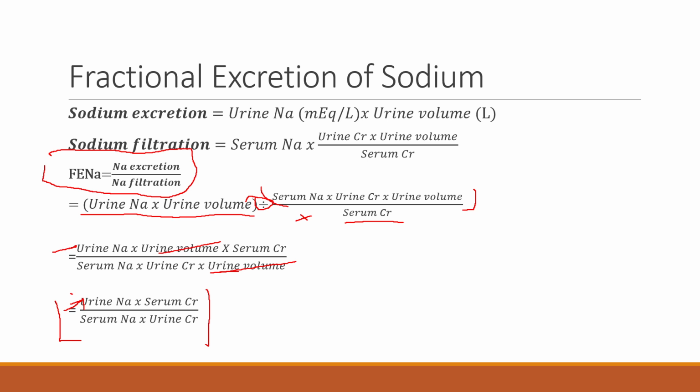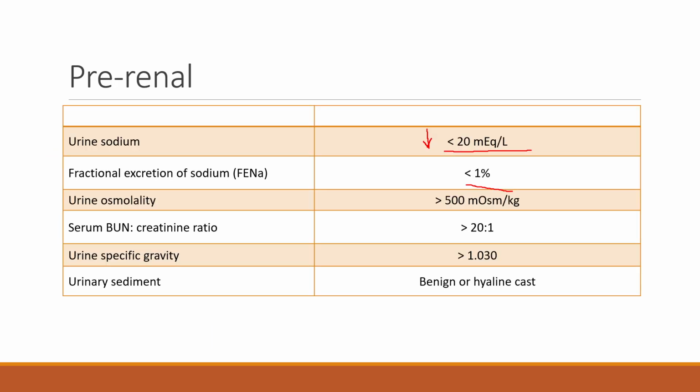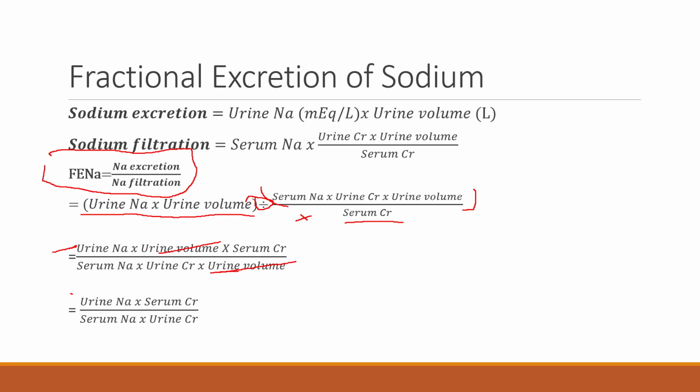So back to our prerenal AKI, it's gonna be lower than 1%. And we understand it's gonna be a low urine sodium, right? And then with a low urine sodium, you can already understand why it's gonna be lower than 1%. You have a low value of numerator, so it's gonna be lower than 1%.